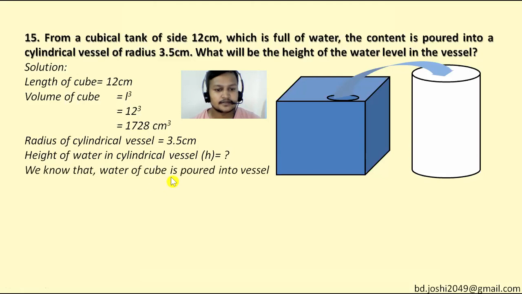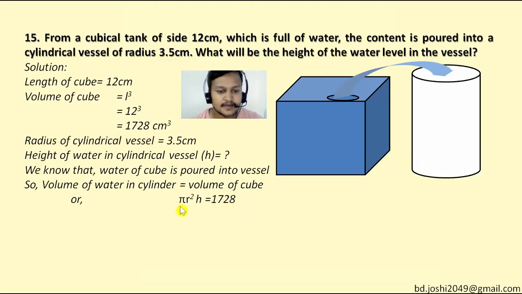And we know that water of cube is poured into vessel. So volume of water in cylinder is equal to volume of cube. And we know the formula for volume of water in cylinder, pi r square h, and volume of cube 1728. Put the values which we have.